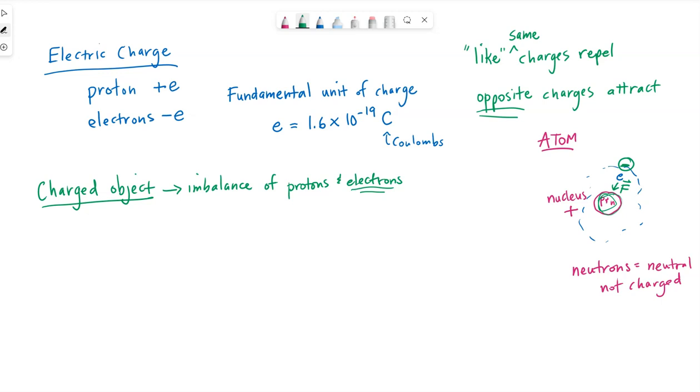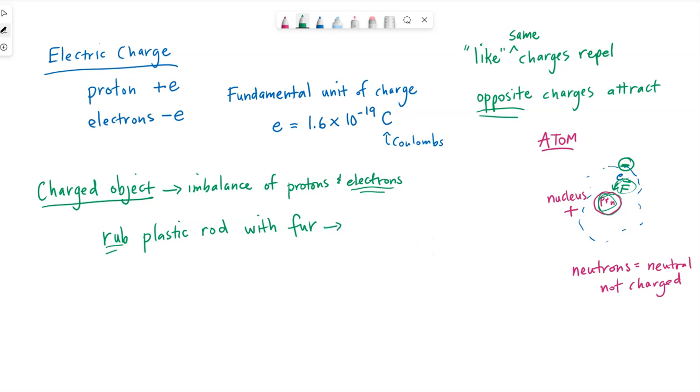So a common example is to rub a plastic rod with fur. If I have a plastic rod and I rub it with fur, this rubbing action is putting energy in the system, and it's causing enough energy to break some of the electric forces of the electrons with the protons.